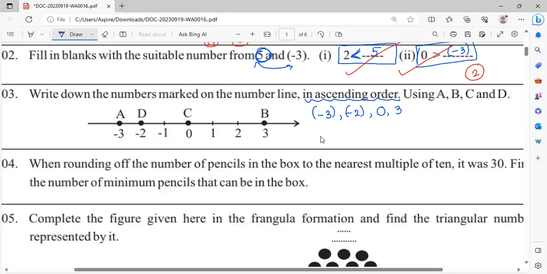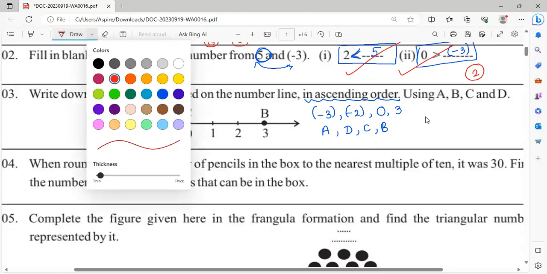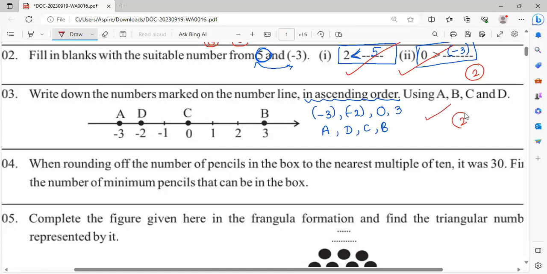That means if we write it using A, B, C, it is A, then D, then C, then B. This is how you should have written the answers. Ascending order means smallest to largest. The smallest number here is -3, because we know that negative numbers are always less than positive numbers, and negative numbers are located on the left hand side of a number line.